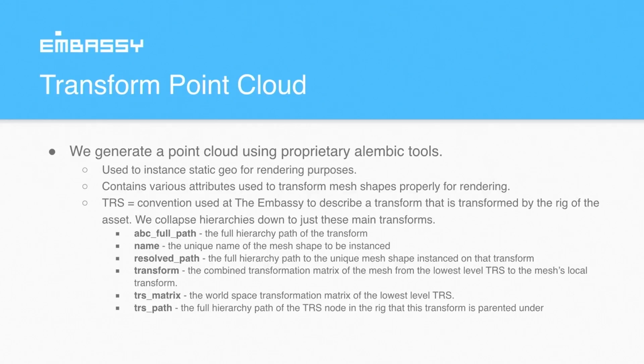And then the TRS matrix we have, in case we need to use that at some point. And then the TRS path, which knows what TRS it's actually supposed to go under.